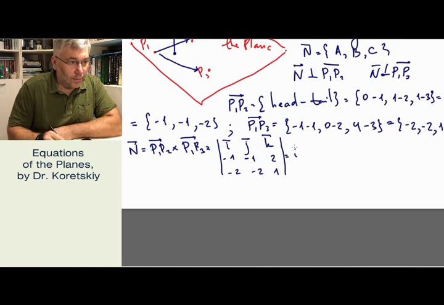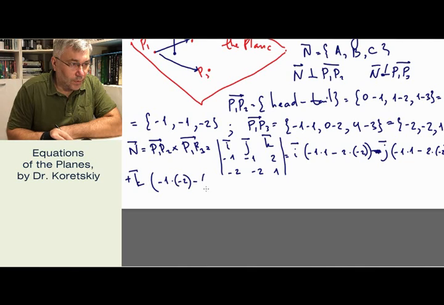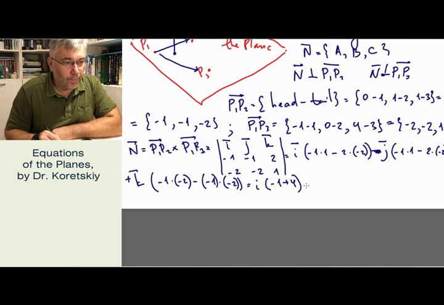We have i times ((-1)(1) minus (-2)(-2)), minus j times ((-1)(1) minus (-2)(-2)), don't forget the minus before j, plus k times ((-1)(-2) minus (-1)(-2)). And we have i times (-1 minus 4)... this gives i times 3, minus 3j, and 0 for k.